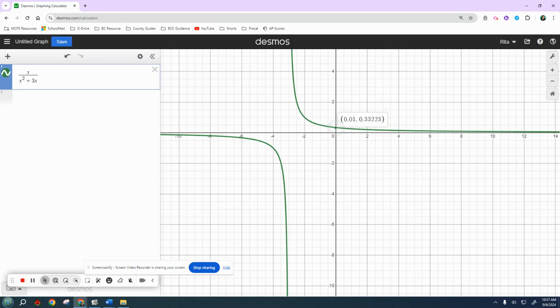At 0, it's undefined. Looks like it's 1/3 that way, 1/3 this way, but at 0, it's undefined. Looks like what's going on at -3 is that infinite discontinuity that Fernando drew for us earlier.